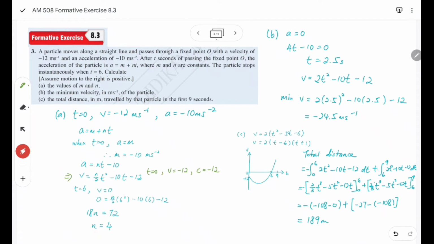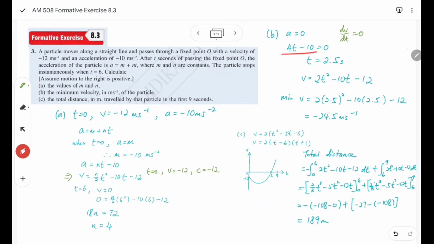B, the minimum velocity of the particle. When we want minimum velocity, then dv/dt must be equal to 0. So when dv/dt equals to 0, that means the acceleration equals to 0. We have the function for acceleration with n is 4, m is negative 10. We get the acceleration function equals to 4t minus 10.